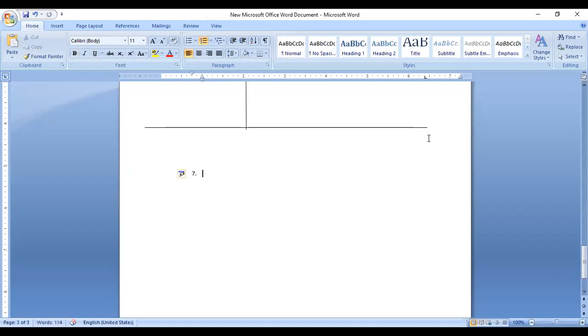This is broken bar diagram. How it is going to be there, we will see. Broken bar diagram.